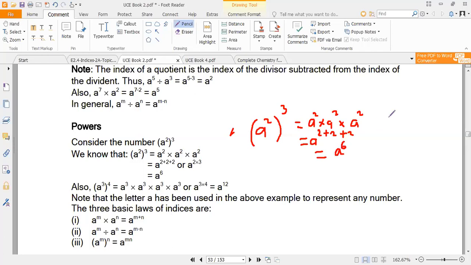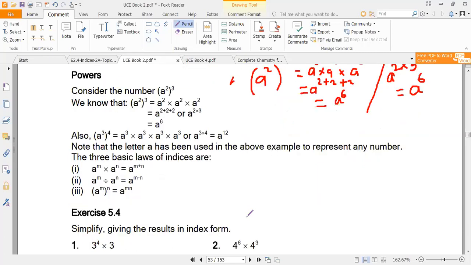But according to the law of powers, when we have something like this, we just keep the base constant and multiply the powers. So it will be 2 times 3, and you end up getting your answer as a power 2 times 3, which is a power 6. That is what the law of powers says.